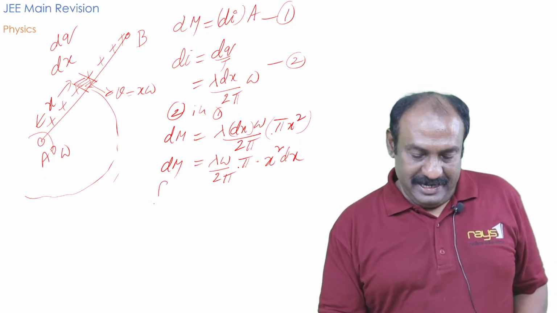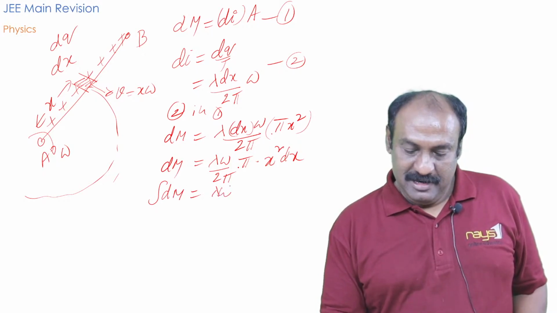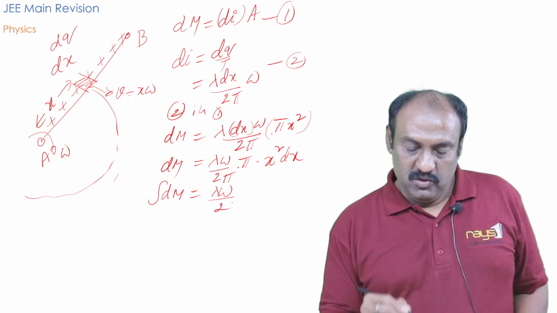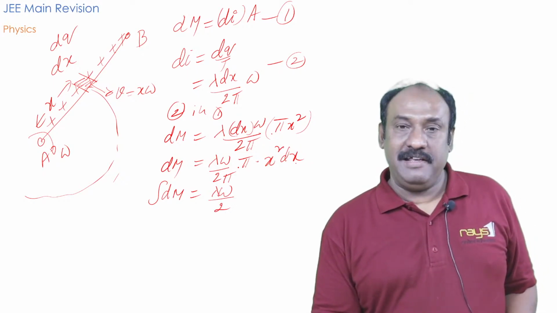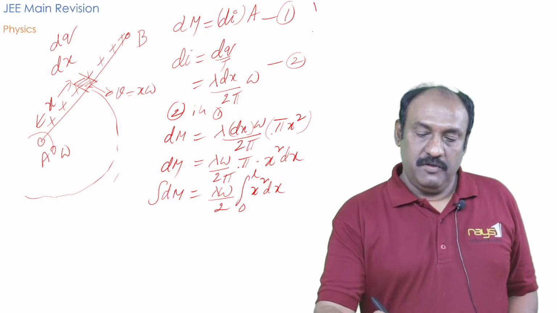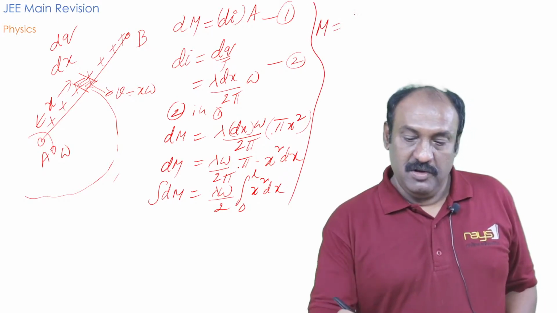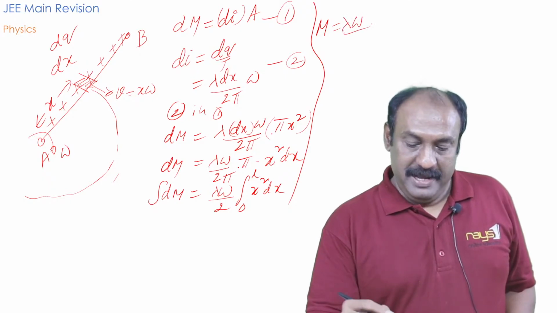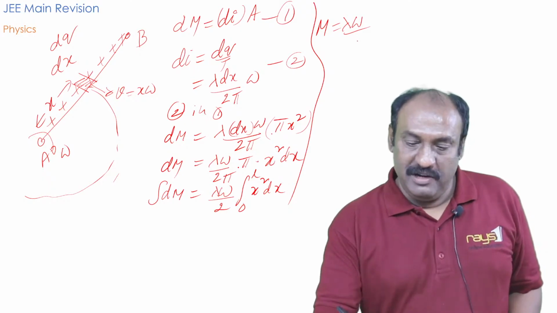By integrating this, integral of dm, pi gets cancelled, lambda omega by 2 into integral of x square dx within the limit 0 to L. For x square, integration is x cubed by 3, and 3 into 2 is 6.